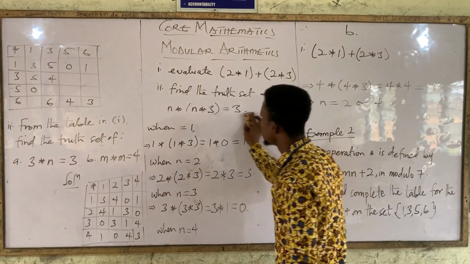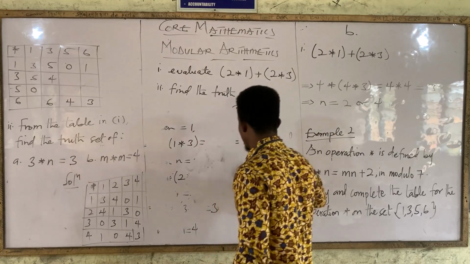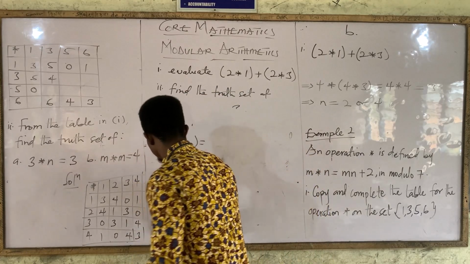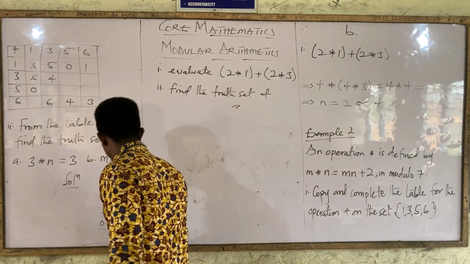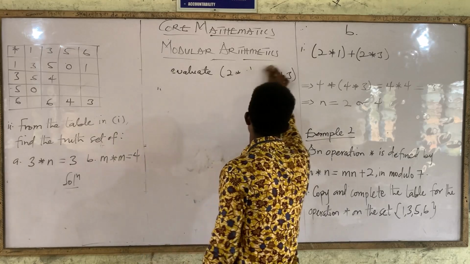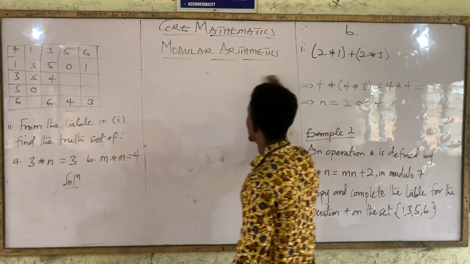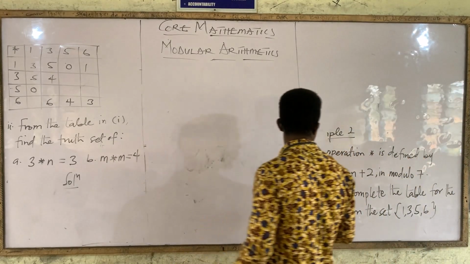Okay, so now, can we now begin with our example number 2? Yeah, we can proceed to our example number 2. So that is that for this one. So, example number 2 is saying something.